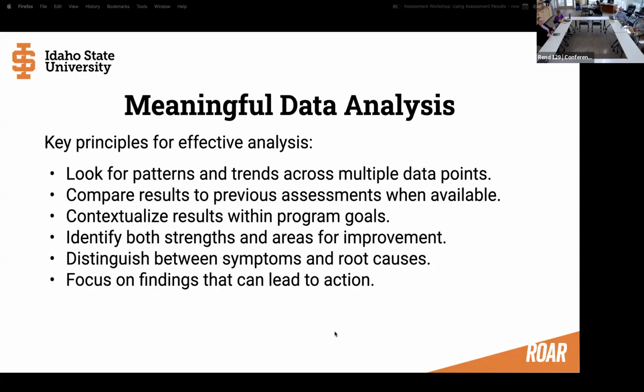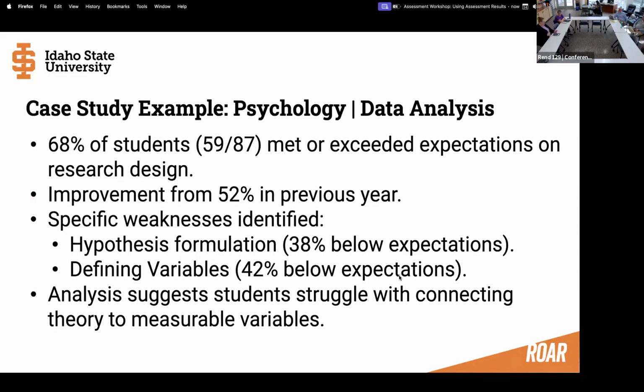So, looking at our psychology example, they came up with this analysis of their data. On the template, personally, I like looking at the grid. So that's kind of where I focus, and you will see that this analysis is in that grid section. So 68% exceeded or met expectations based on the rubric.